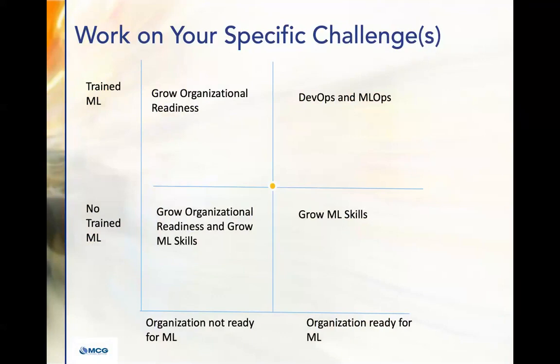So if you have trained machine learning people and your organization is ready for machine learning, you have some of these foundational elements I just talked about in place, you probably need to continue to work on your DevOps and your machine learning ops. That is something that you can continue to grow. Nobody's fully there yet. But you're in the ideal state for today. But if you have trained machine learning people, but your organization is not ready, you have to work on that organizational readiness.